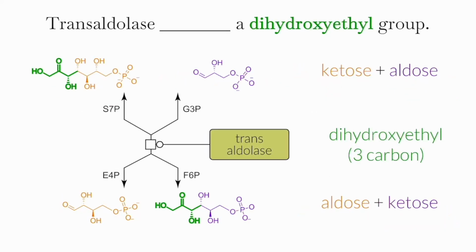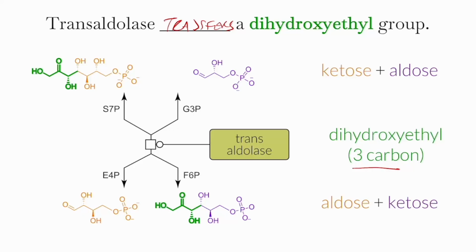Okay. The second enzyme I mentioned is called transaldolase, and it transfers a dihydroxyethyl group. So what is a dihydroxyethyl group? It is a 3-carbon version of basically what we saw with the transketolase.